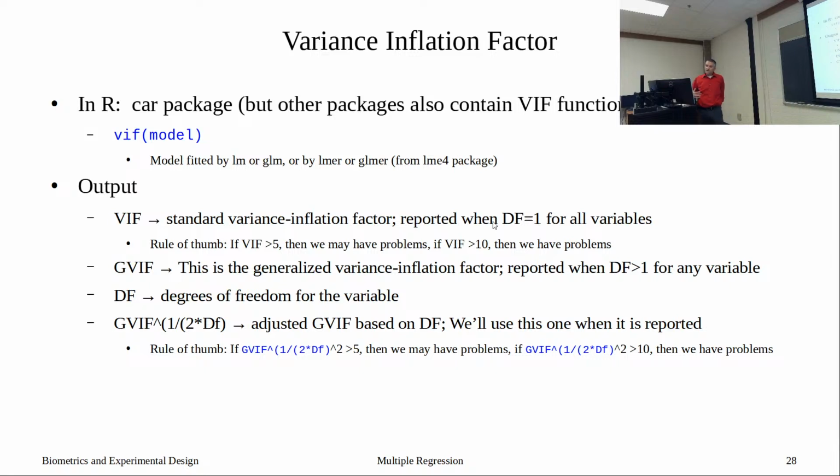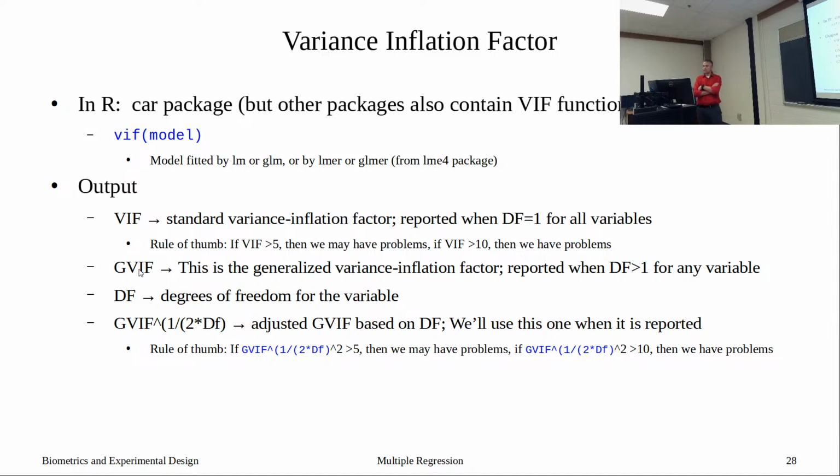As soon as one of our variables has more than 1 degree of freedom, we're going to start seeing a column called GVIF, a column for degrees of freedom, and a column for GVIF raised to the 1 over 2 times the degrees of freedom. So what are these?